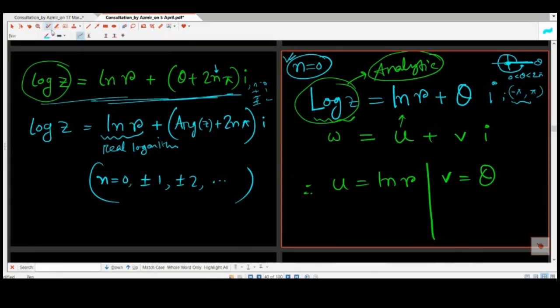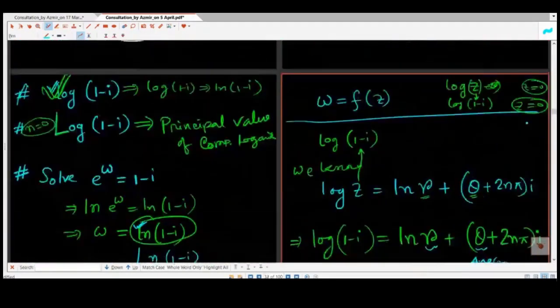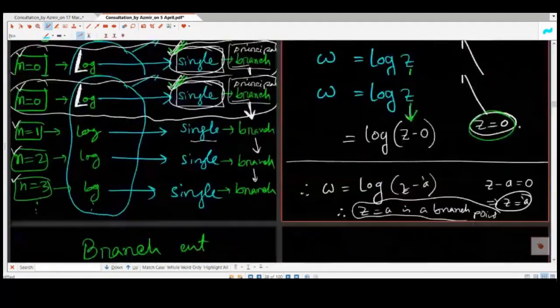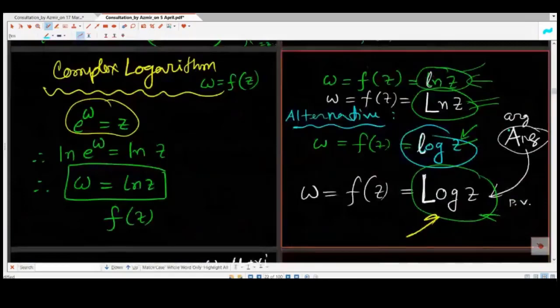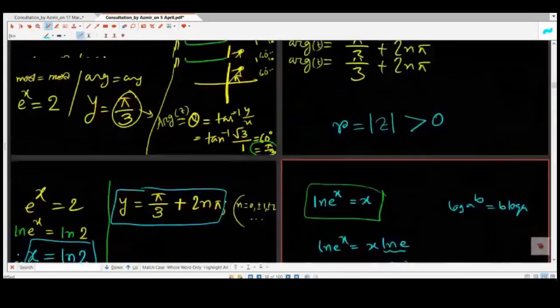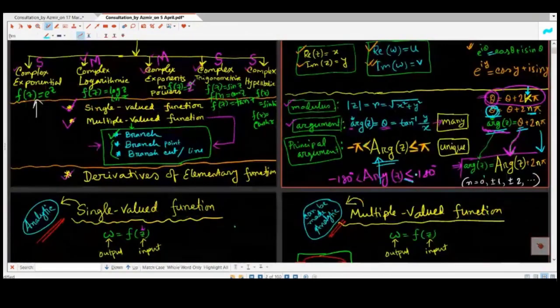So that's the reason why we have not written minus pi less than principal argument less than or equal to pi. But previously we have written the principal argument as negative pi to positive pi, or it can be equal to pi, this one.